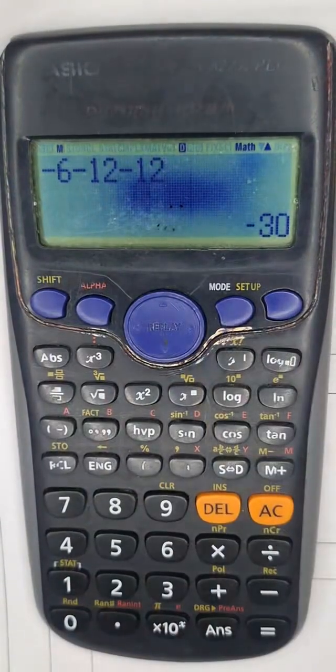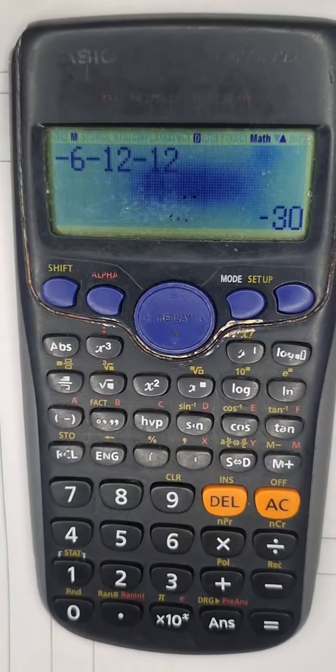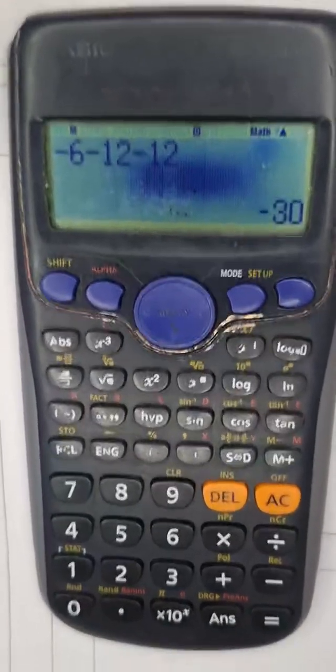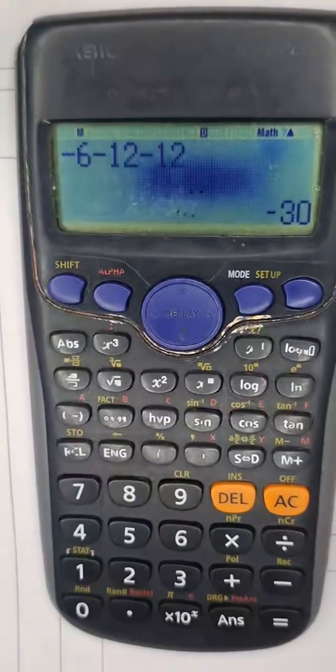What a miracle! Mr. Calculator, you're such a miracle worker. Look, Mr. Calculator did a better job than Umbrata.